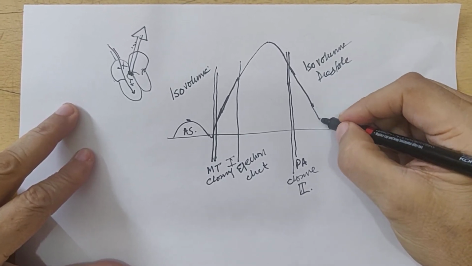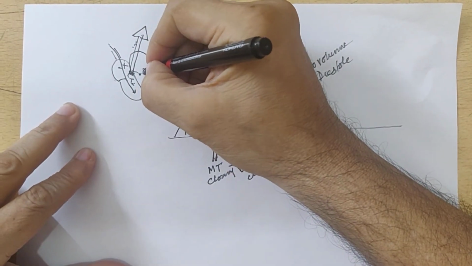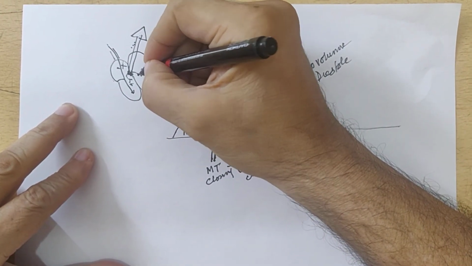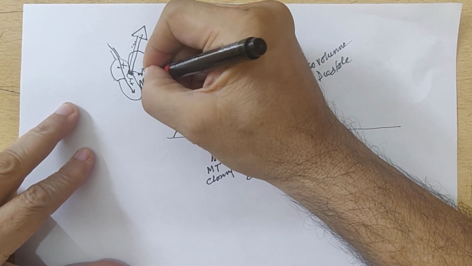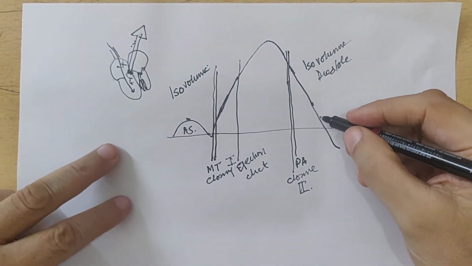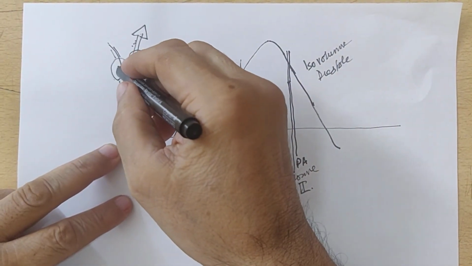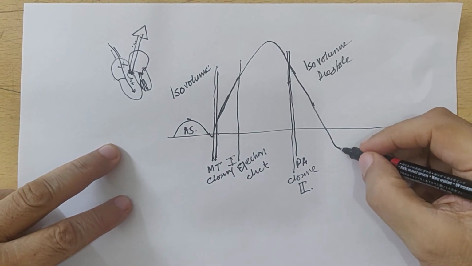Now the pressure becomes lesser than the atrium, and because of the locking of these valves, they need chordae tendineae and papillary muscles to open. Therefore, the pressure in the ventricle falls far less than the pressure of the atrium.